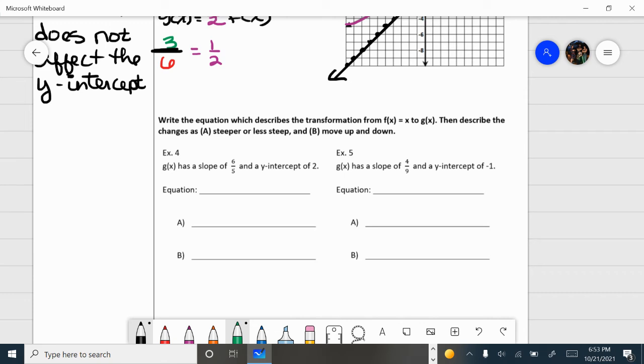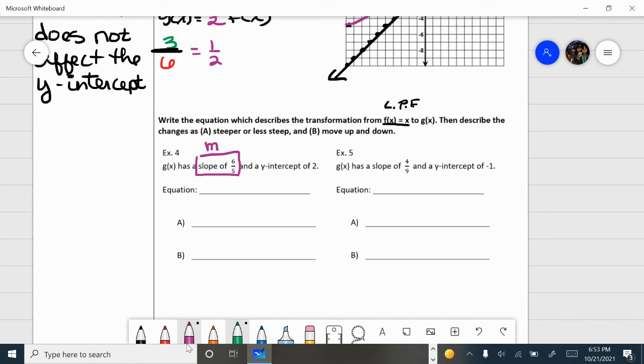All right. So let's look at if we're given a description and we need to write the equation for it. We're changing it from f of x equals x, our linear parent function, to g of x, and it gives us some examples of what g of x is going to be. So it has a slope of 6/5.